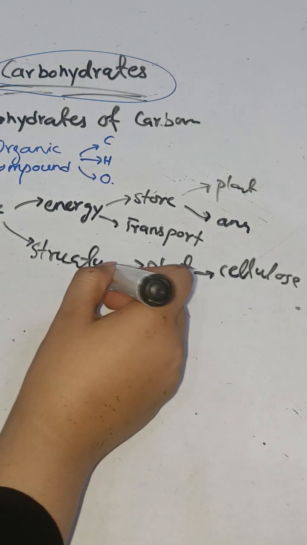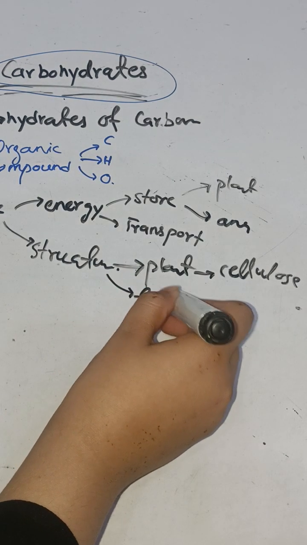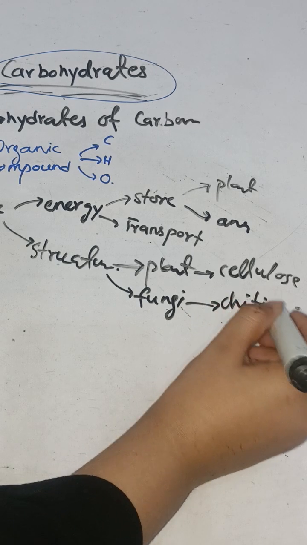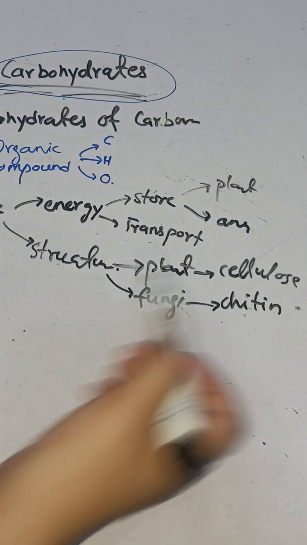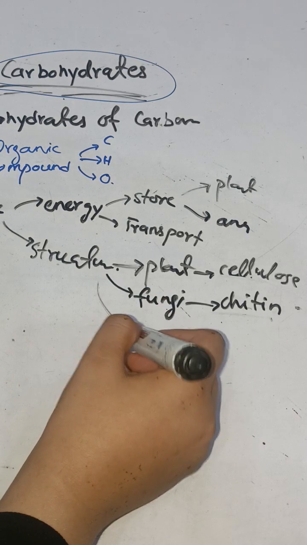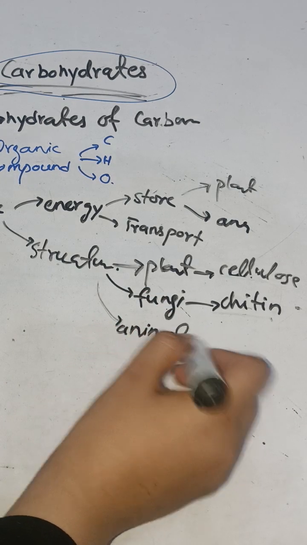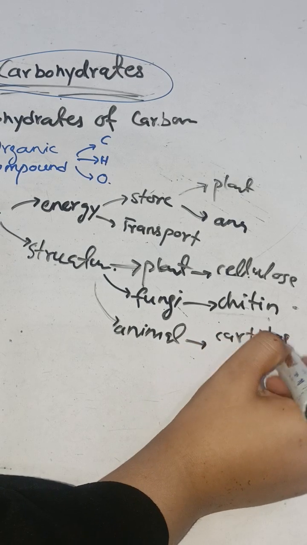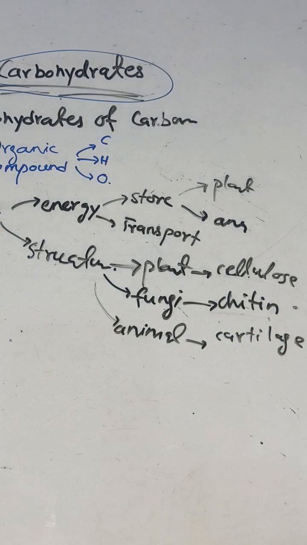Similarly, if we see fungi, in fungi the cell wall is made up of chitin, and chitin is a carbohydrate. Cellulose is a carbohydrate, chitin is a carbohydrate. Similarly, in animals, our cartilage, the soft bone present in, like, our nose, is made up of cartilage, and our ears are made up of cartilage.